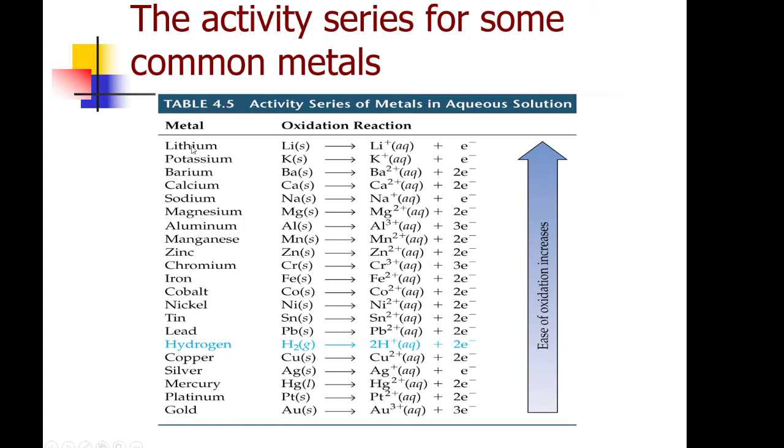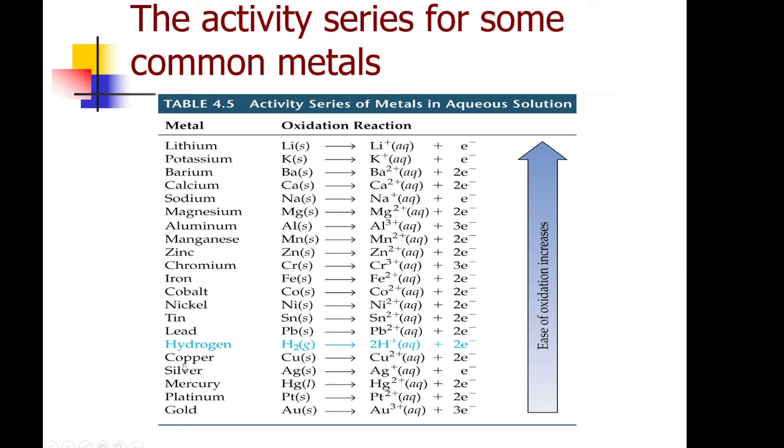So lithium is the easiest to oxidize. Gold is the hardest to oxidize. Iron shows up here. Copper's down here. Copper can rip the electrons off of iron. If I were to put solid copper in a solution of iron, nothing would happen, because the iron can't oxidize the copper.